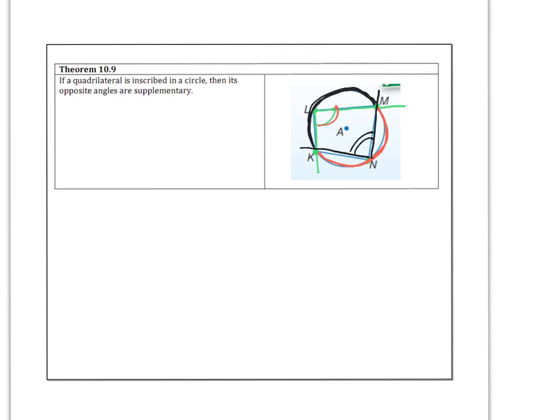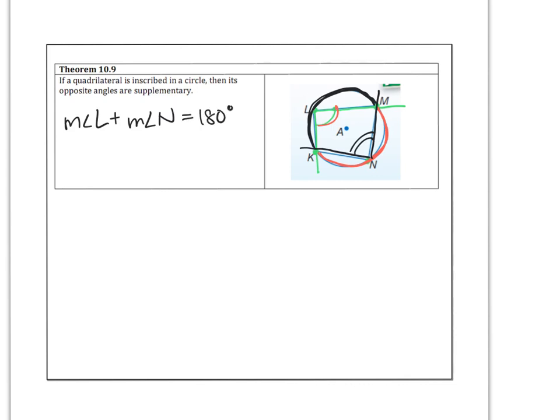Well, between the two arcs, we have the whole circle, which is 360 degrees, which means the angles have to be half of the 360 degrees. In other words, they have to be supplementary. So the measure of angle L plus the measure of angle N must equal 180 degrees.